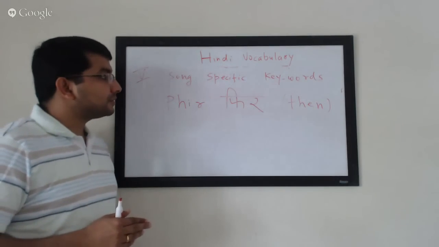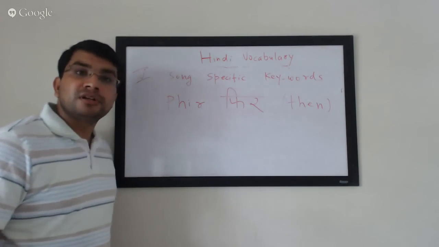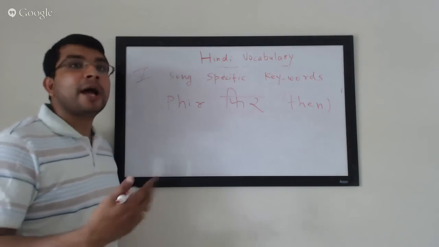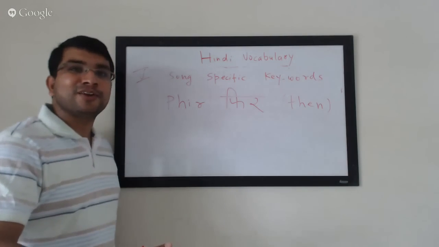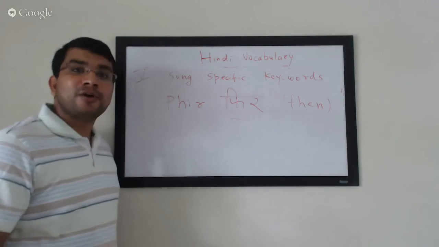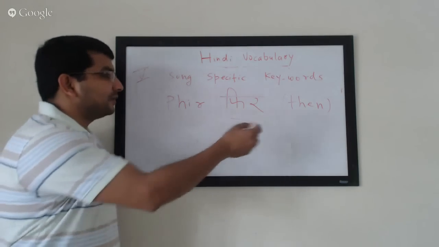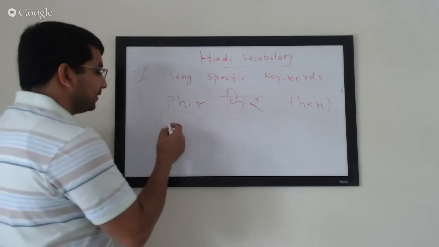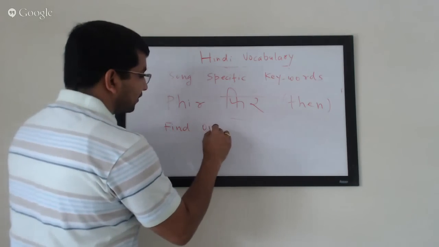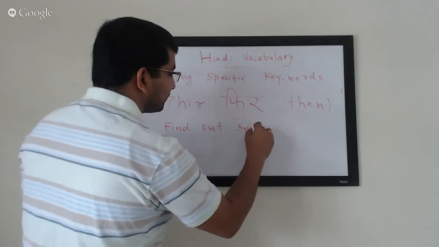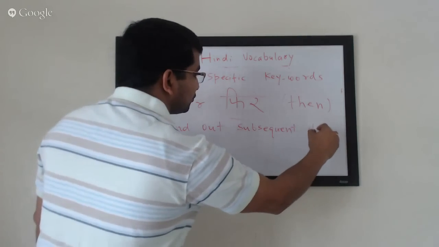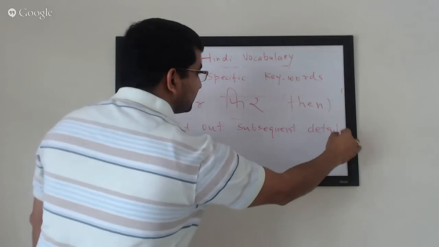Let's say somebody is explaining certain things to you, and you are very curious and want to find out what happened after that. You can use this keyword: phir kya hua, what happened after that, right? So "phir" is "then". It's basically to find out subsequent details.